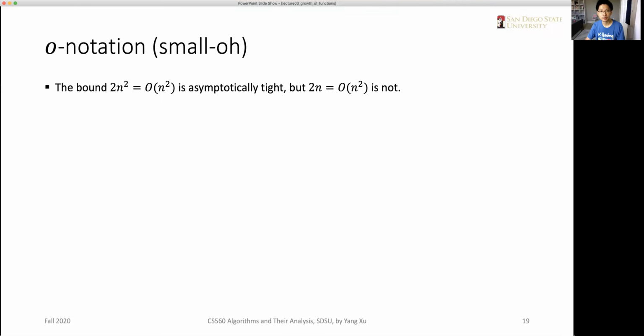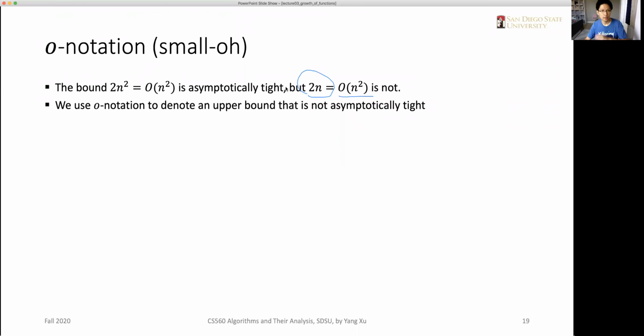But for a linear function, which we used as an example before, the quadratic function is also an upper bound, but it is not a tight bound, okay? So when the upper bound is not a tight bound, we can use the small o notation to indicate the upper bound that is not asymptotically tight.